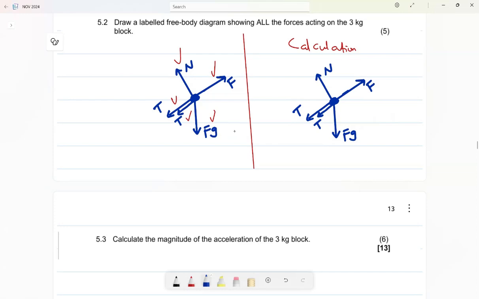What do I mean by that? It means I'm gonna have Fg acting downward, which is my Fg perpendicular. And then I'm gonna have my Fg parallel moving downwards like that. And then I can ignore this one. Okay, so for calculations, I have this.